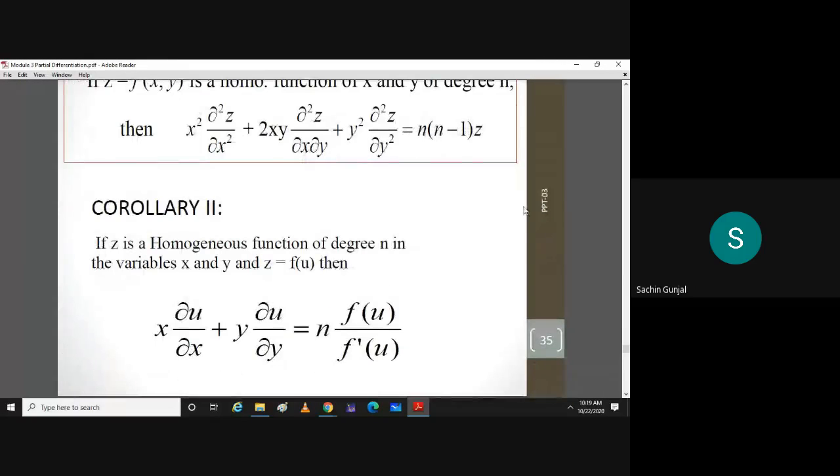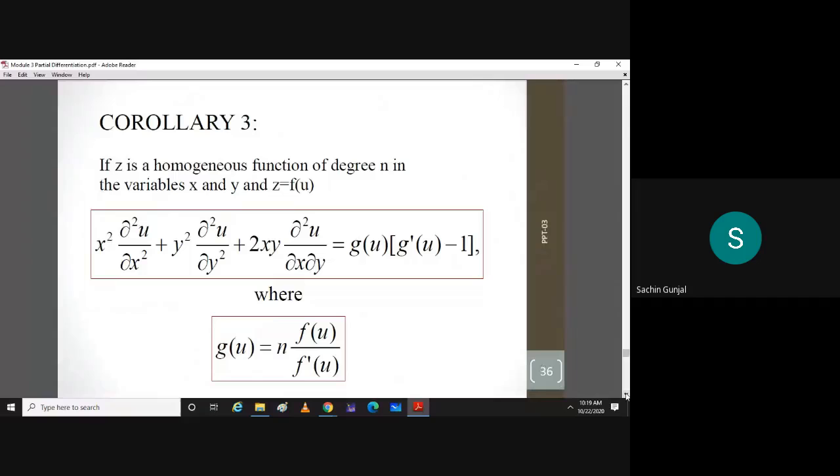So the choice left is corollary 3. Now, is there an f of u which is homogeneous? Yes, sine u, which is equal to x square plus y square. It is homogeneous, right? What is its degree? 2.